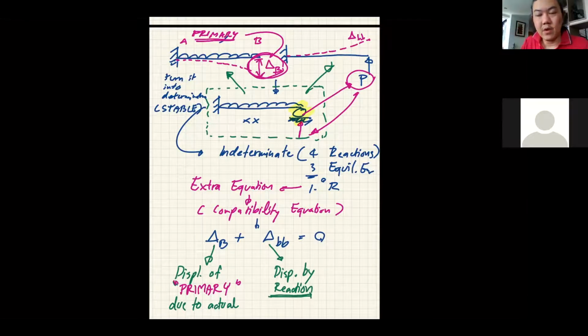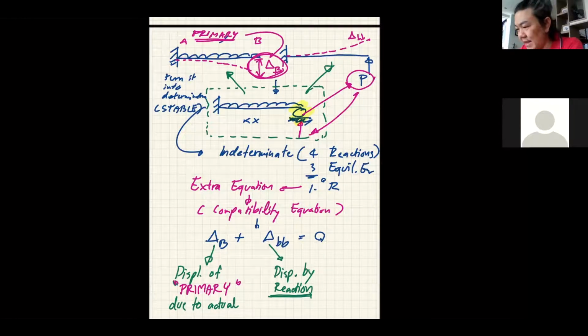One common mistake that some students make is that they mix the two loads together. The first one is a primary structure. That one contains the actual load. But when you look at your reaction, the displacement caused by the reaction is the displacement caused by the reaction alone.